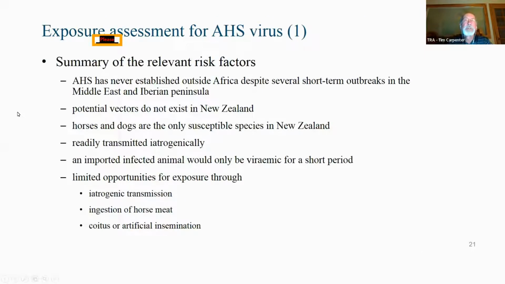Summary of these relevant risk factors. Southern Africa, it's endemic. AHS has been introduced into other countries with transient infections. The potential vector is not existent in New Zealand, so the likelihood of spread in that way is very low. Horses and dogs are the only susceptible species, and I'm thinking of dogs as a dead-end host.